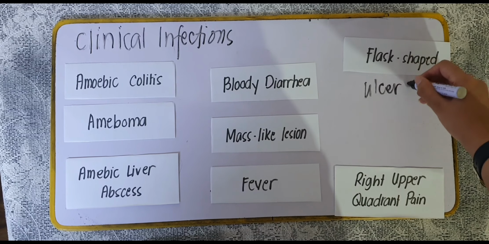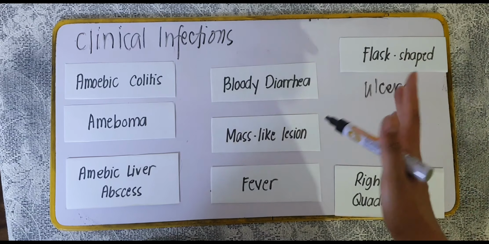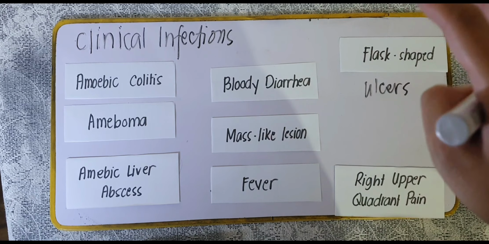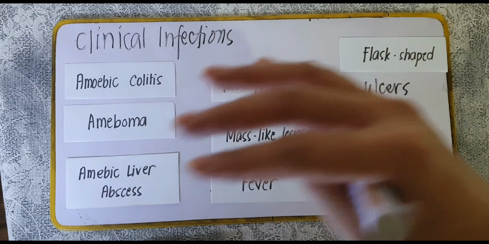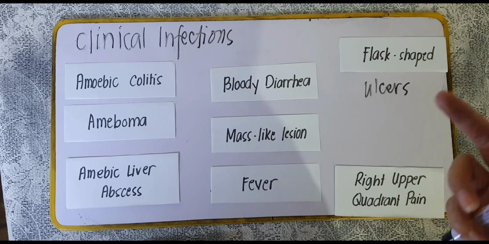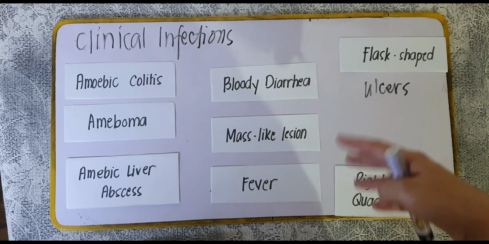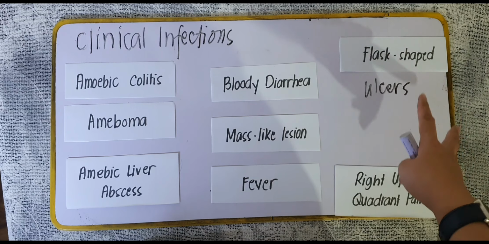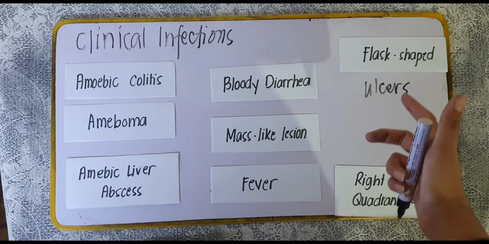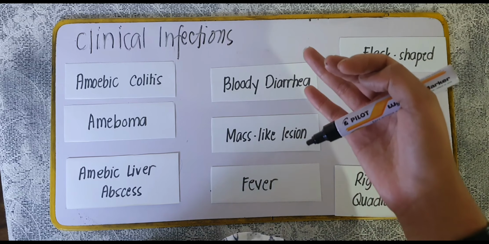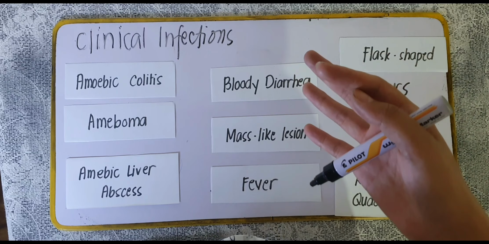Because these parasites are very invasive, they are capable of destroying the surface, the villi surfaces of the colon, which is why ulcers develop. The most common sites of amoebic ulcer are the cecum, the ascending colon, and even the sigmoid.